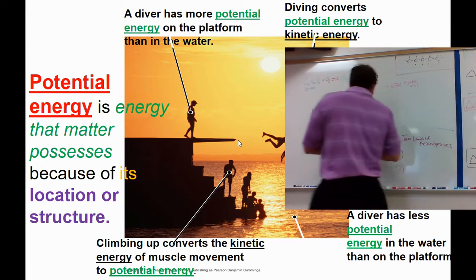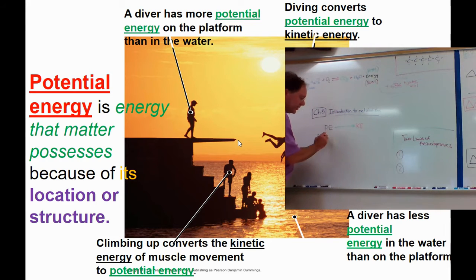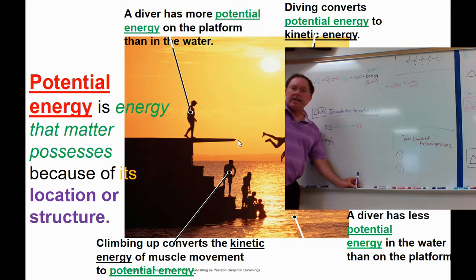But there's also the energy of position. Potential energy, you might remember this from middle school or from physics, is mass times the gravitational constant of 10 meters per second squared times height. So it's the energy of position. And so this is a picture out of your textbook, and it's similar to this pen that's not sitting very well up here. I would do this normally on a table.